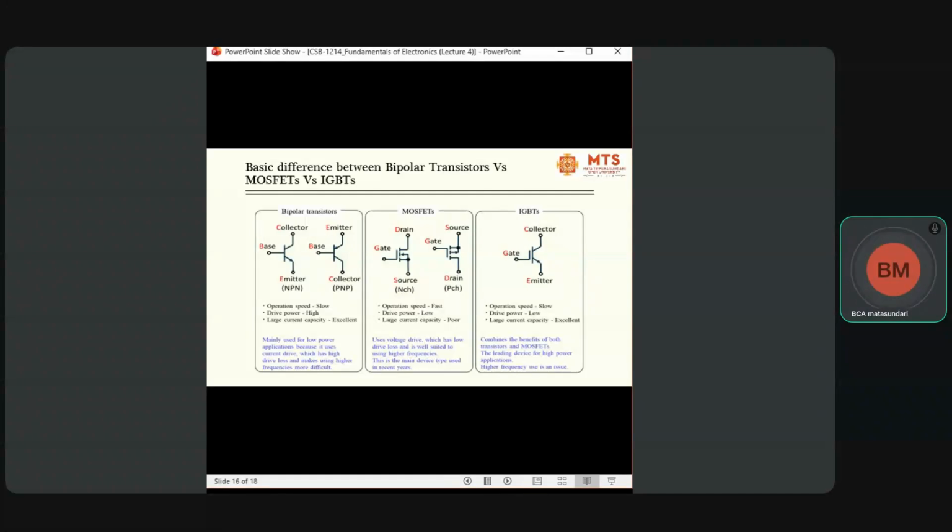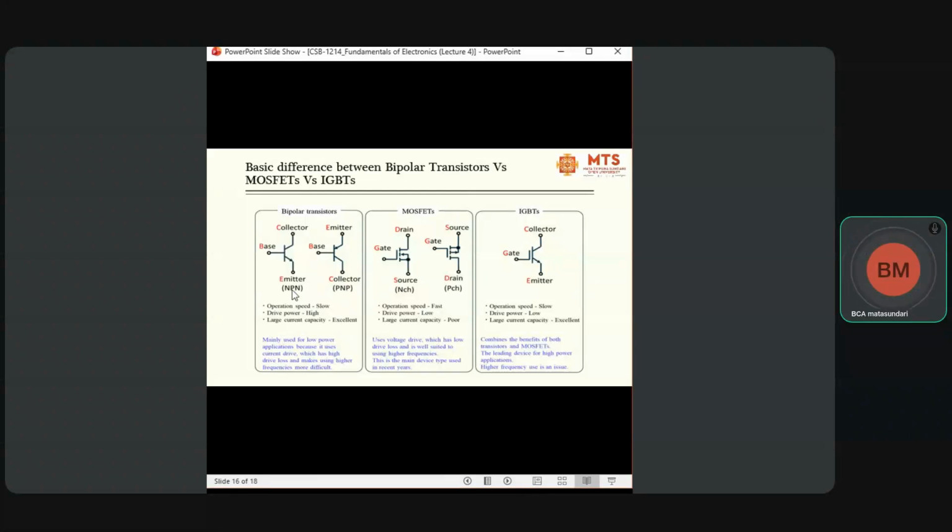These are the basic differences between bipolar transistor versus MOSFET versus IGBT. In a bipolar transistor, you see base, emitter and collector. Operation speed is slow, drive power is high, large current capacity is excellent.